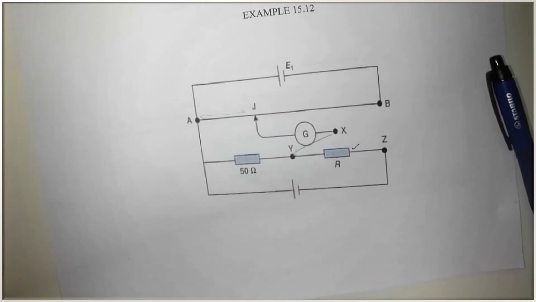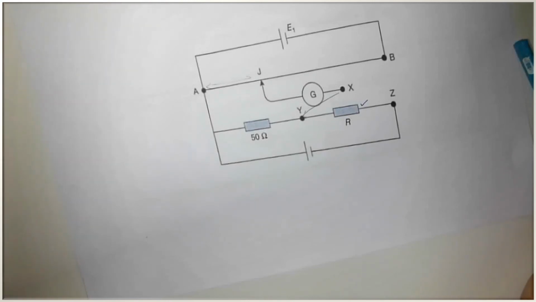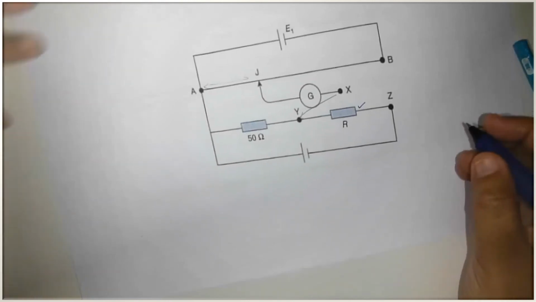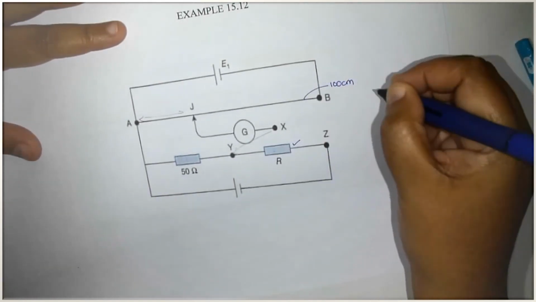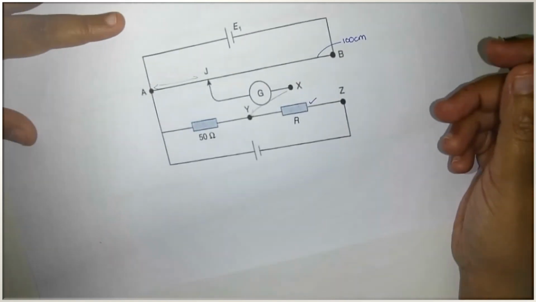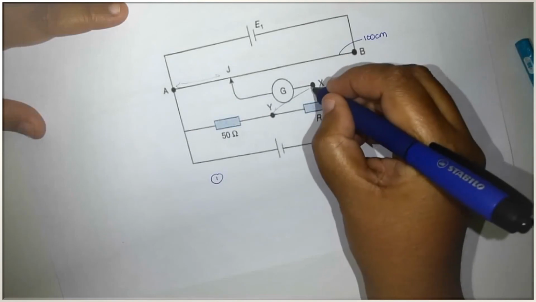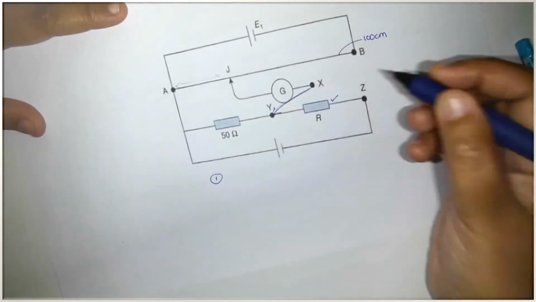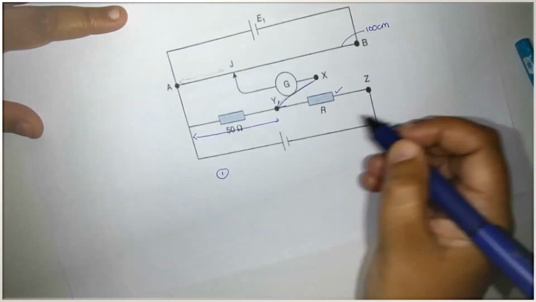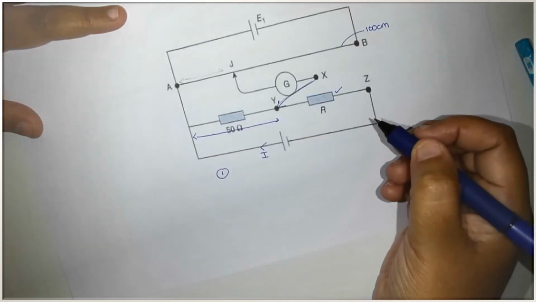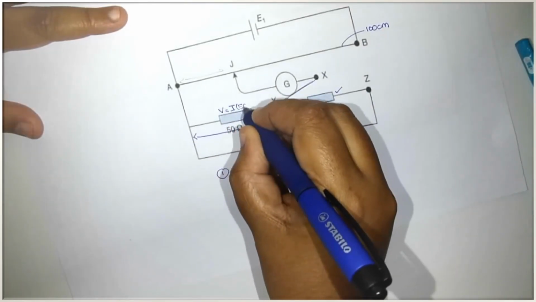Okay, now let's look at the first one. Now what they ask us to solve is, if the slide wire AB is 100 cm long, what is the value of R? When X is connected to Y, the voltage between here to here, if this is I, will be V equals I times 50, correct?